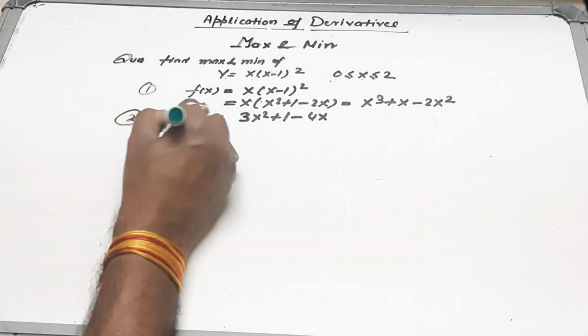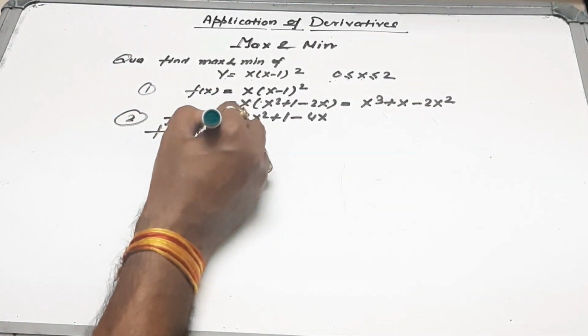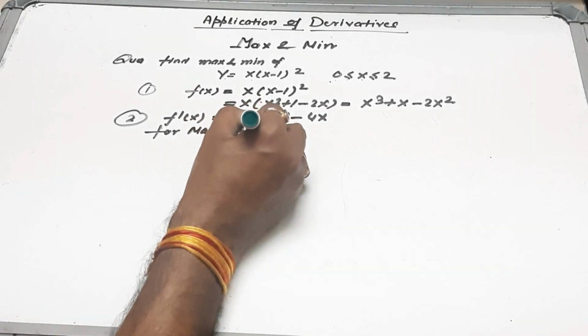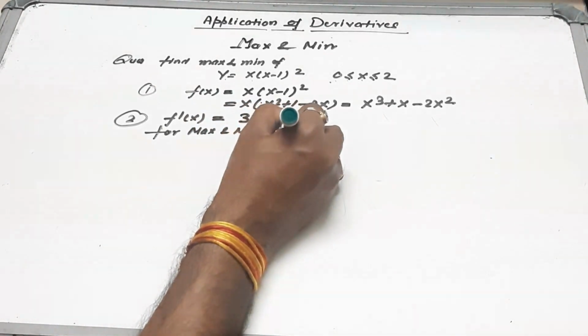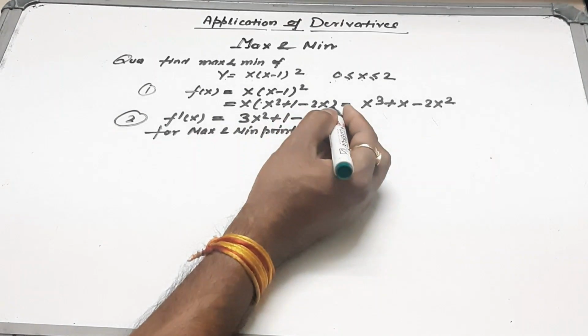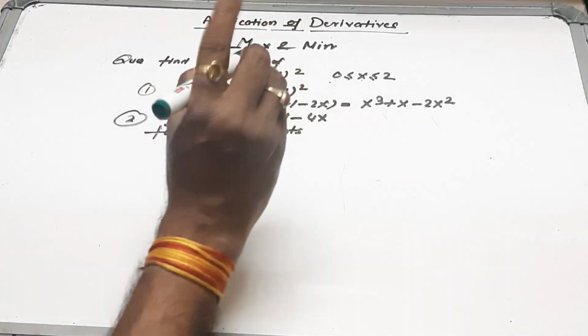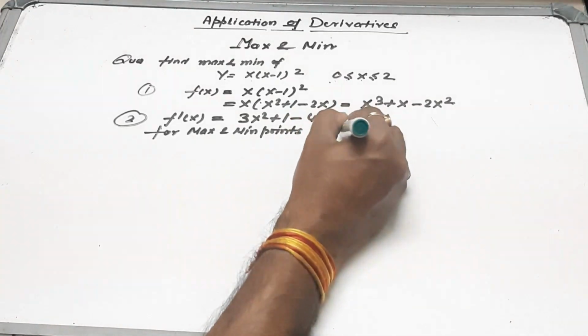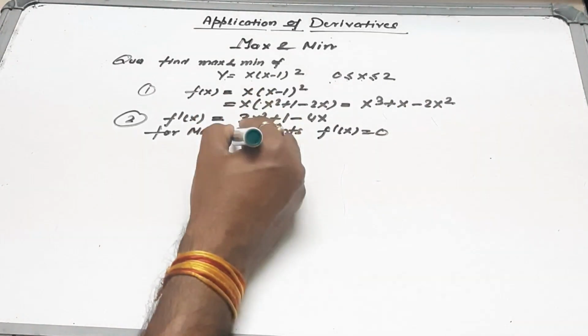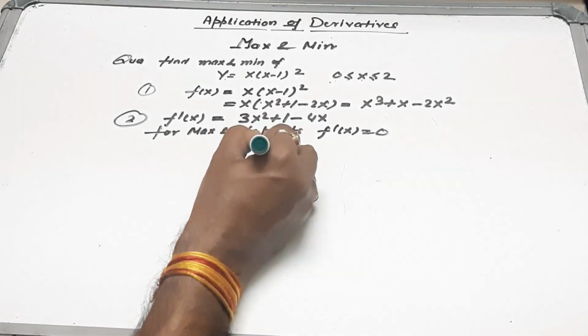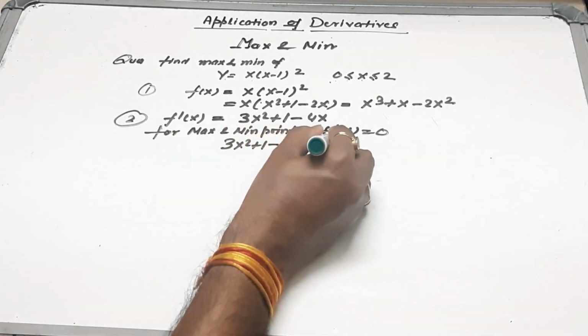Now for maxima and minima points, meaning the values of x at which the function will take a maxima or minima value, those values of x can be found by putting f dash x equal to 0. So we put 3x square plus 1 minus 4x equal to 0.